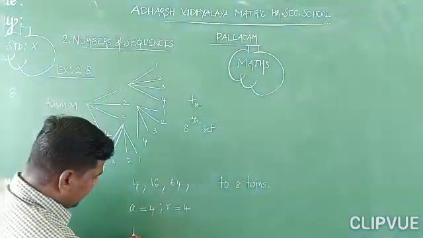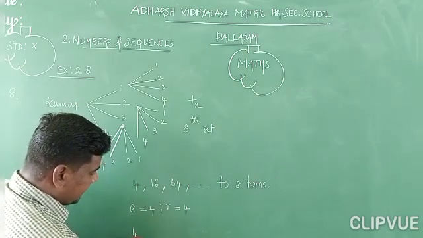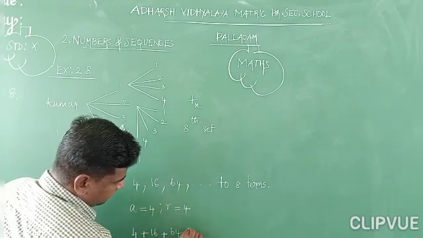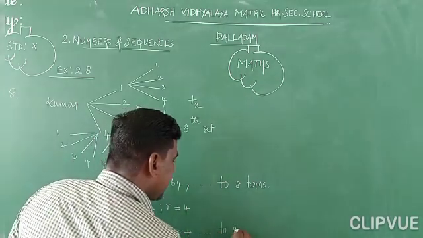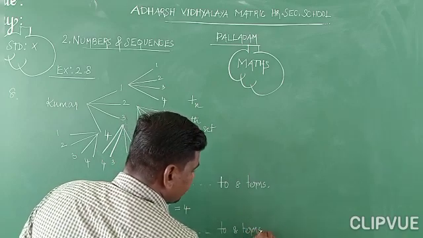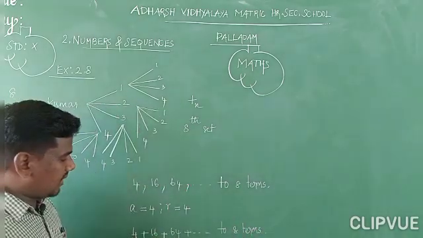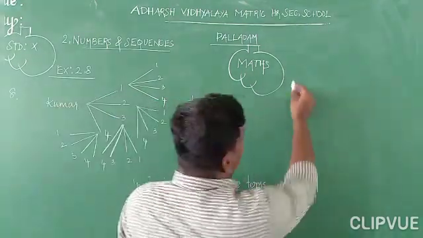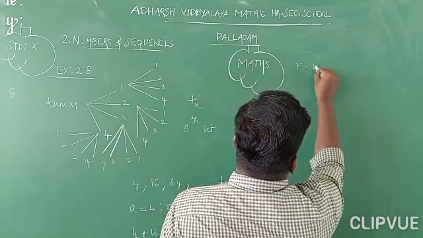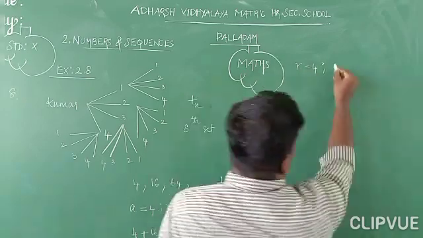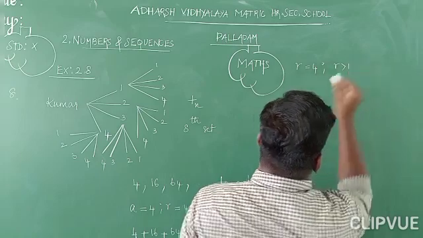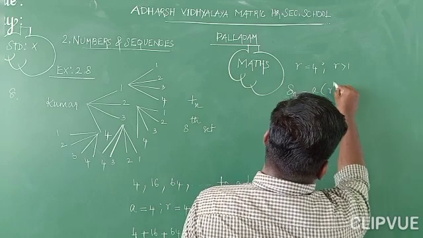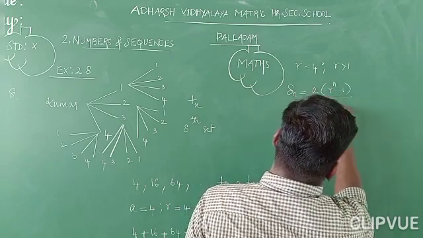So how can we rewrite the sequence? The sequence can be rewritten in the form of a geometric series to 8 terms. So A is equal to 4, R is equal to 4, and N is equal to 8. You know that R is greater than 1, so you can take this formula: Sn is equal to A times R power N minus 1, divided by R minus 1.